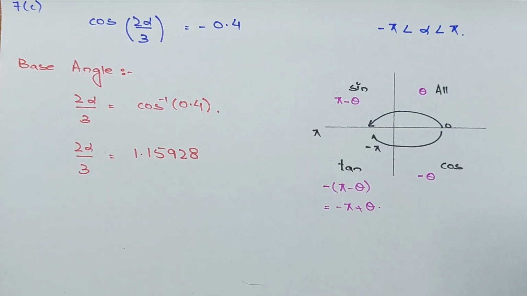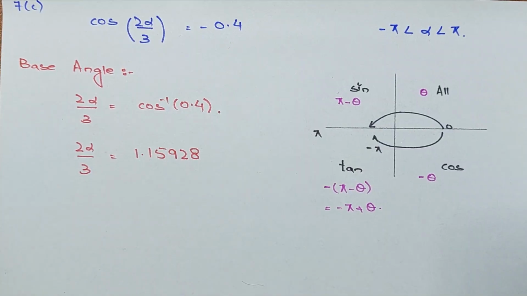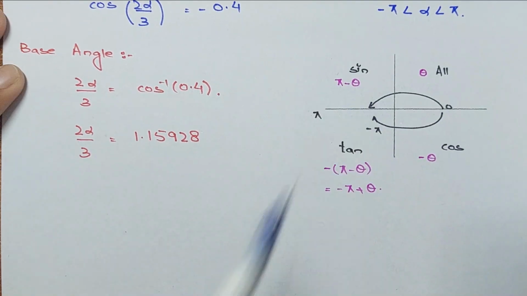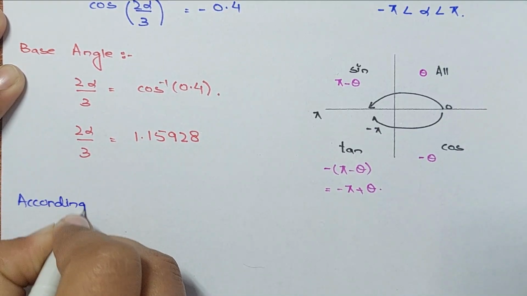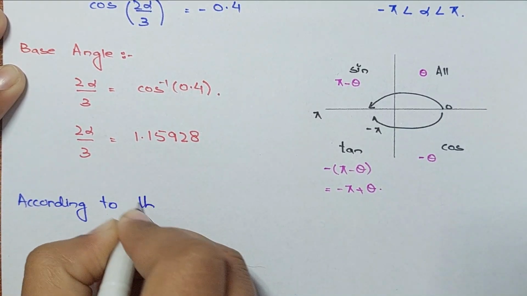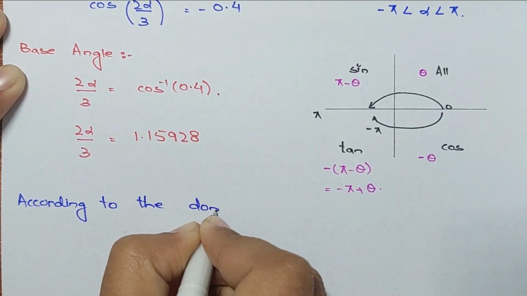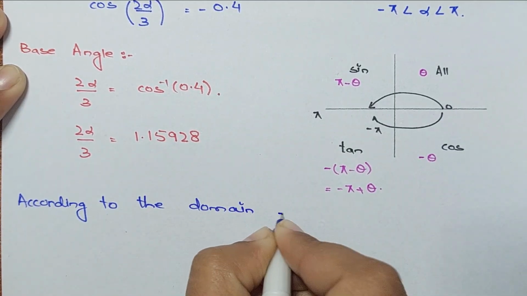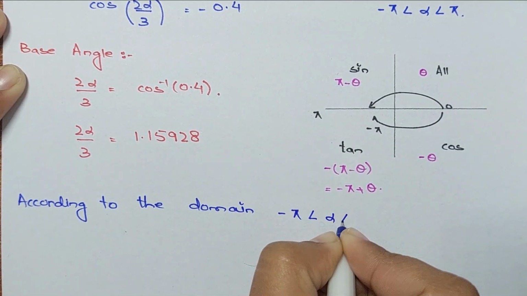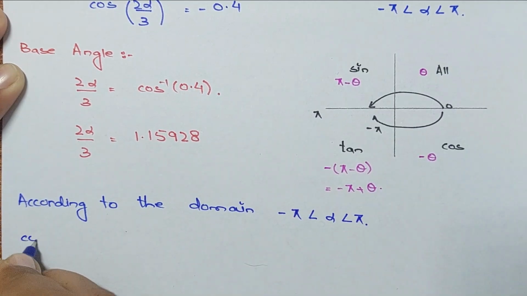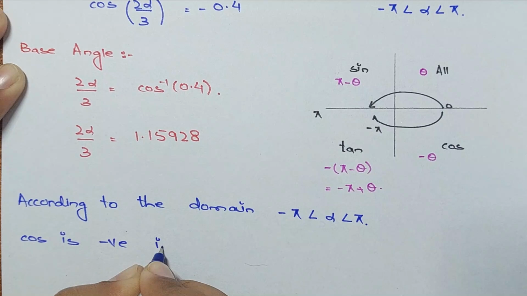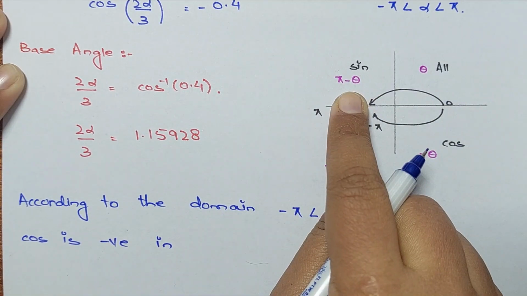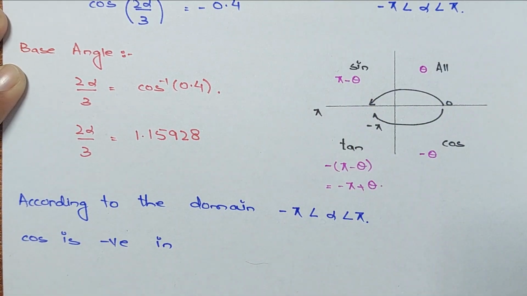Now we know that according to the given domain, minus pi is less than alpha is less than pi, we know that cos is negative in, okay, in which quadrant cos is negative?